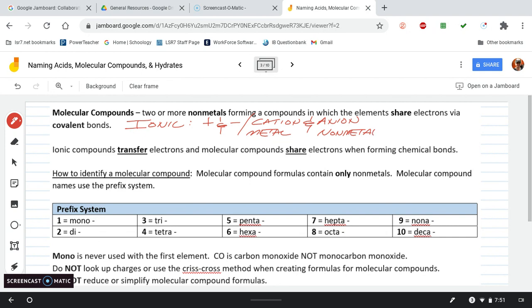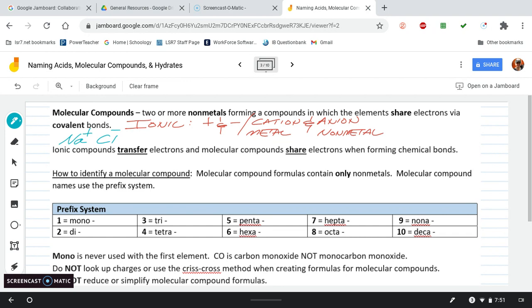So what happens here is that there's a plus charge and a minus charge. What's been going on, and we haven't talked about it much, is that the electrons are physically moving. Like if you have, very simply, sodium plus 1 combined with chlorine minus 1, well, the plus 1 gives away an electron and the minus 1 takes it.